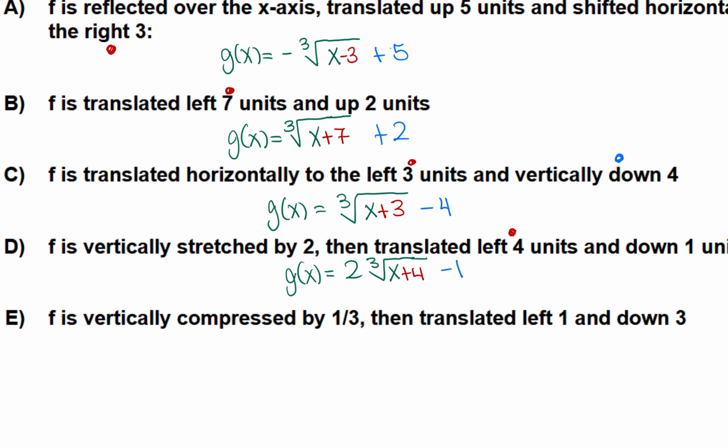For the next one, we have f is vertically compressed by 1/3, so we have 1/3 outside, times the cube root of x, and then it's translated to the left 1 unit, so plus 1, and then down 3 units, so minus 3 outside the cube root.